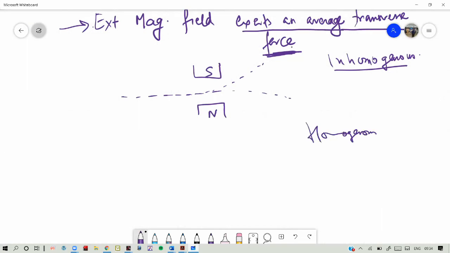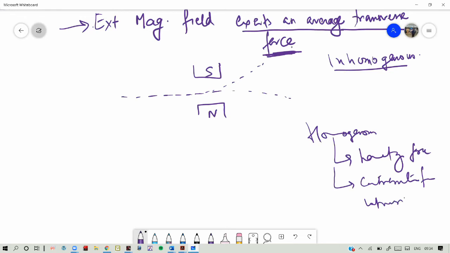If it was homogeneous, the Lorentz force would dominate and the contribution from the intrinsic magnetic moment would be suppressed.